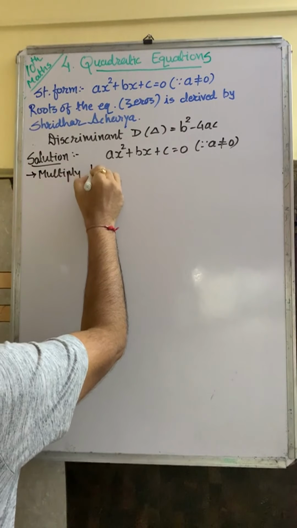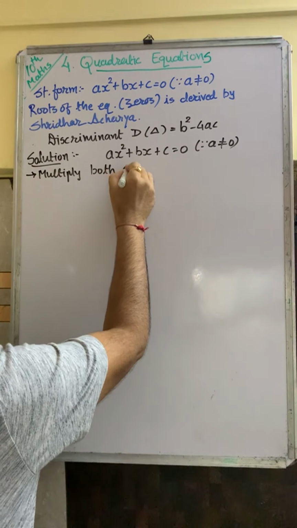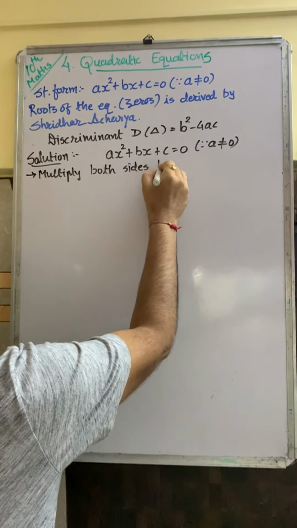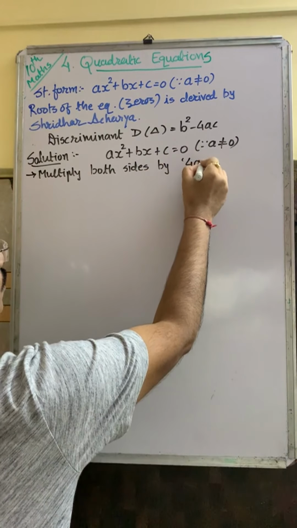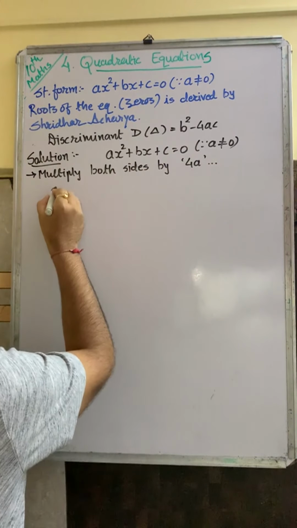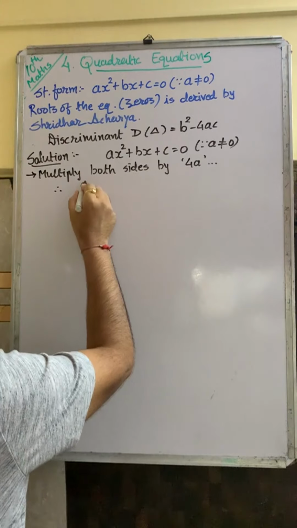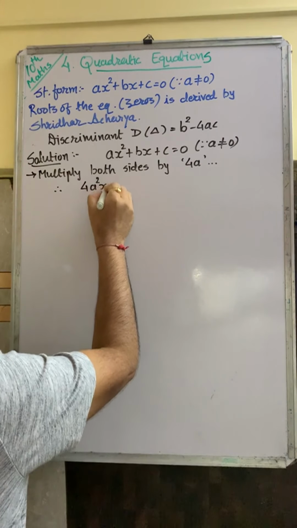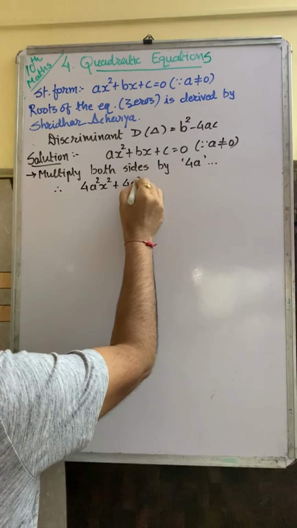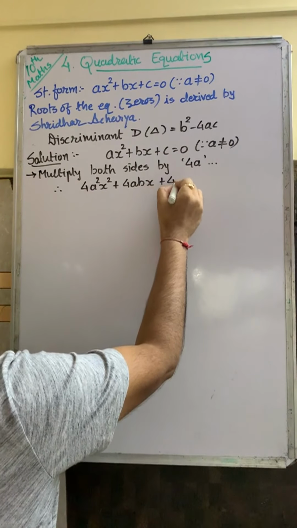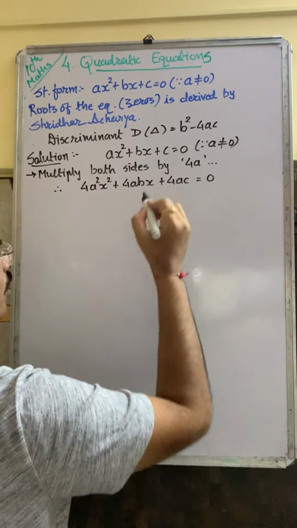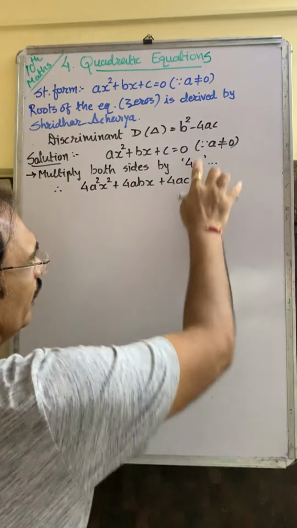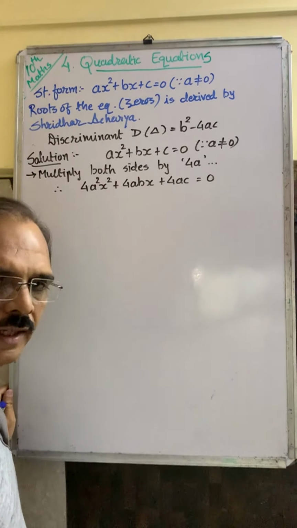Multiply both sides by 4a. If you multiply it by 4a, this will be 4a square x square plus 4abx plus 4ac, and 0 into 4a is 0. Now 4ac is here. Is it okay?